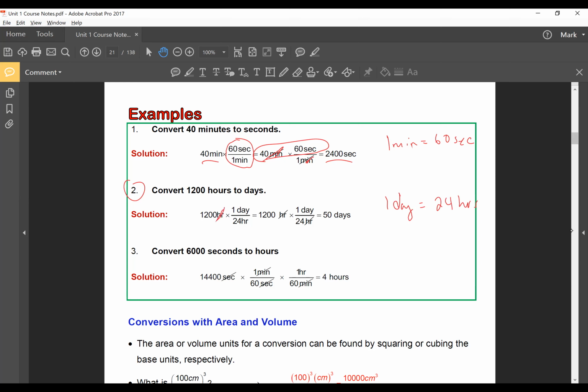I make sure that the hours are on the bottom in my fraction so the hours cancel. I'm going from a smaller unit to a bigger unit, so the number should decrease. There's less days. So when you take 1,200 and divide by 24, you get 50.